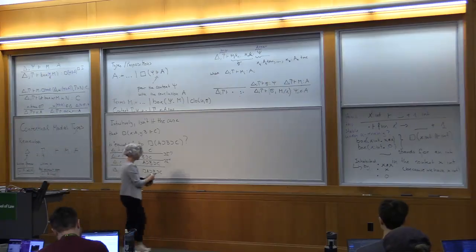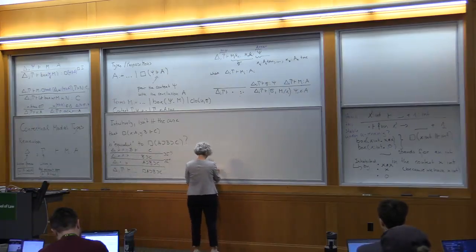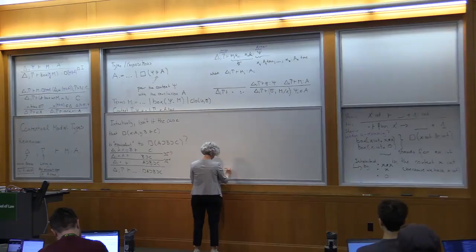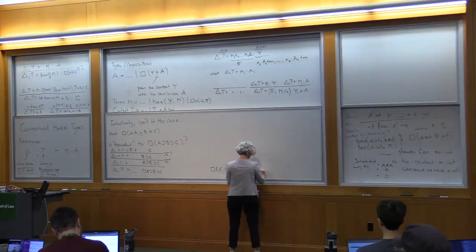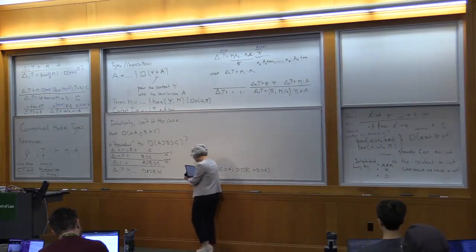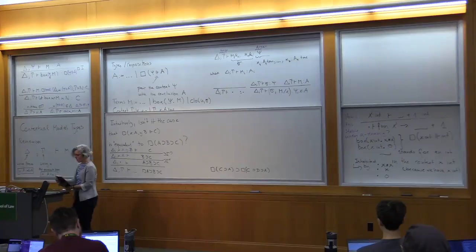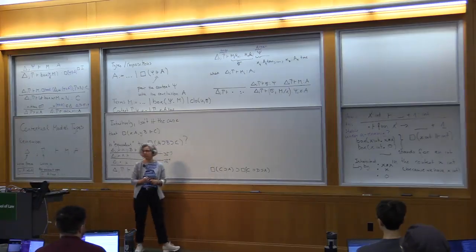I want to prove C implies A, implies box C implies D, implies A. So how are we going to prove this? What's the proof term for this? Maybe we can just write the proof term rather than the whole derivation.